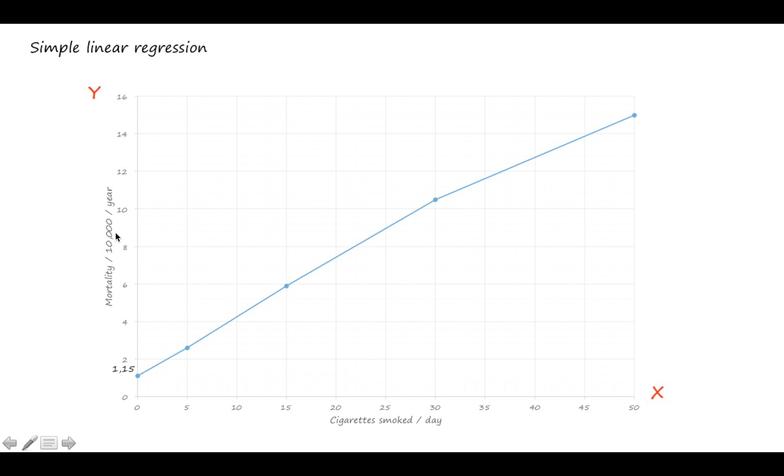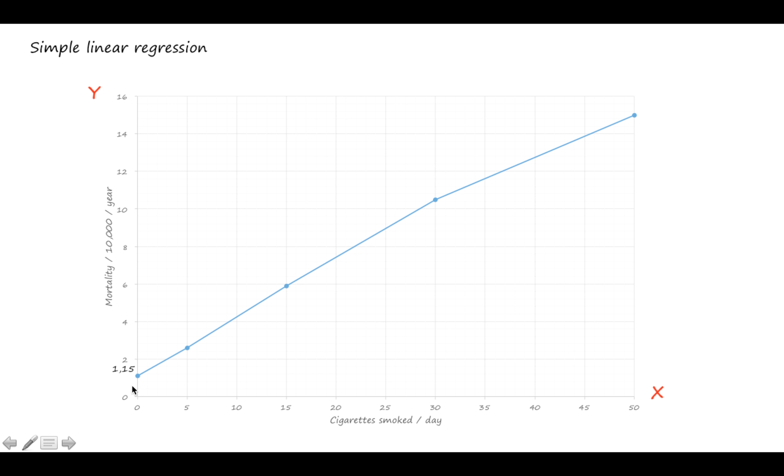As you remember, one of the assumptions is that both of the variables should be continuous variables. In this example, we have a variable which is the number of cigarettes smoked per day, starting from 0. And then we have the other continuous variable, which is the mortality rate per 10,000 per year. And we have the numbers here.